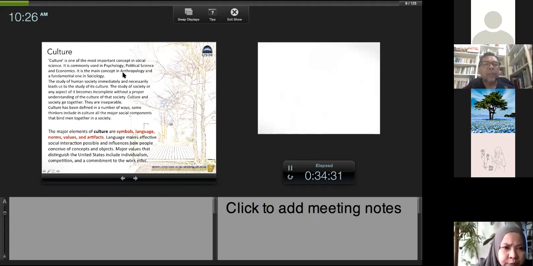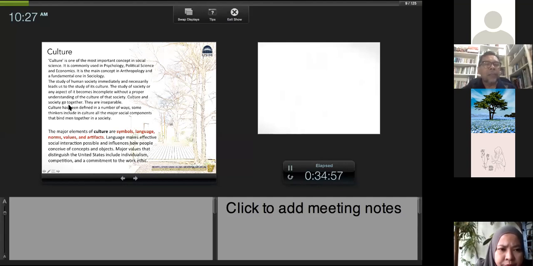It is the main concept in anthropology and a fundamental one in sociology. The study of human society immediately and necessarily leads us to the study of its culture. The study of society or any aspect of it becomes incomplete without proper understanding of the culture of the society.